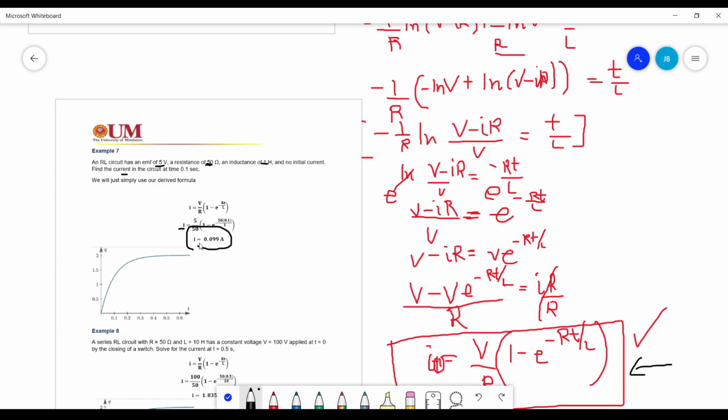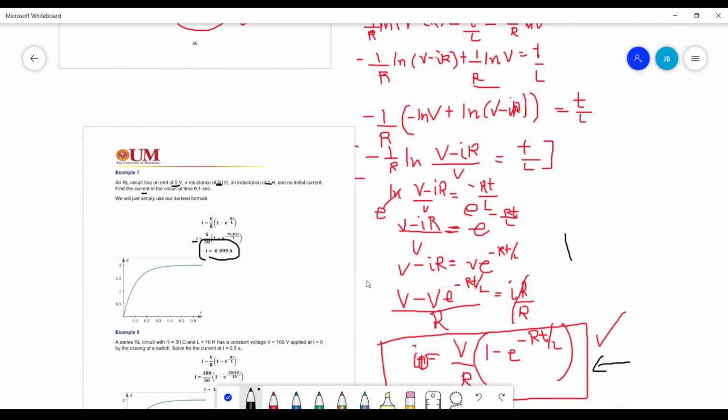Okay, so please read example 8 on your own, and I will give you another example in which the voltage is given, and the voltage here is a sinusoidal wave, meaning it's not a constant voltage.